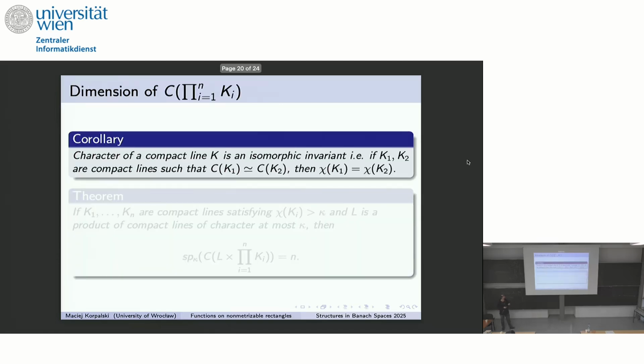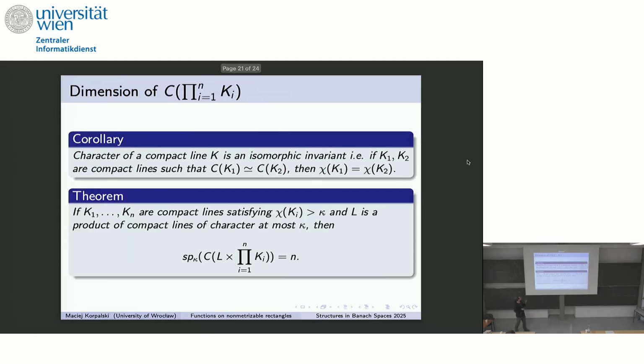And the second thing is that if we take some n compact lines of big enough character and a product of compact lines of character at most kappa, then this Semadeni-Pełczyński dimension of this greater product is just n.